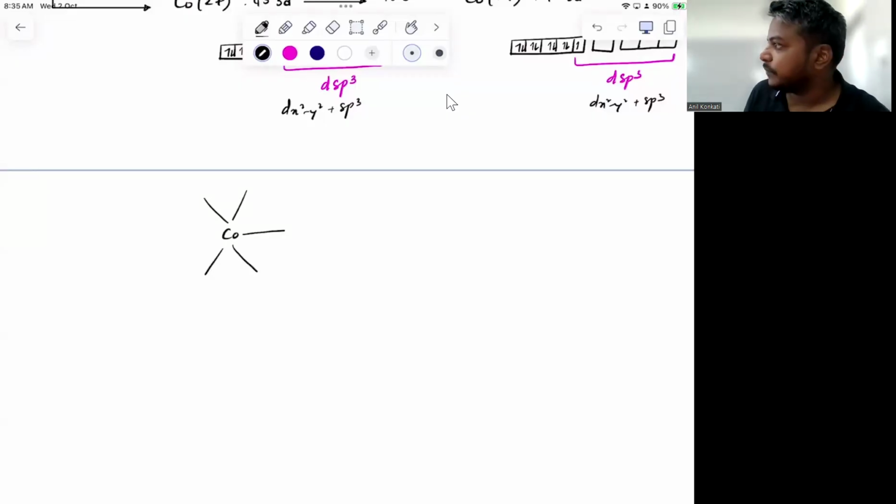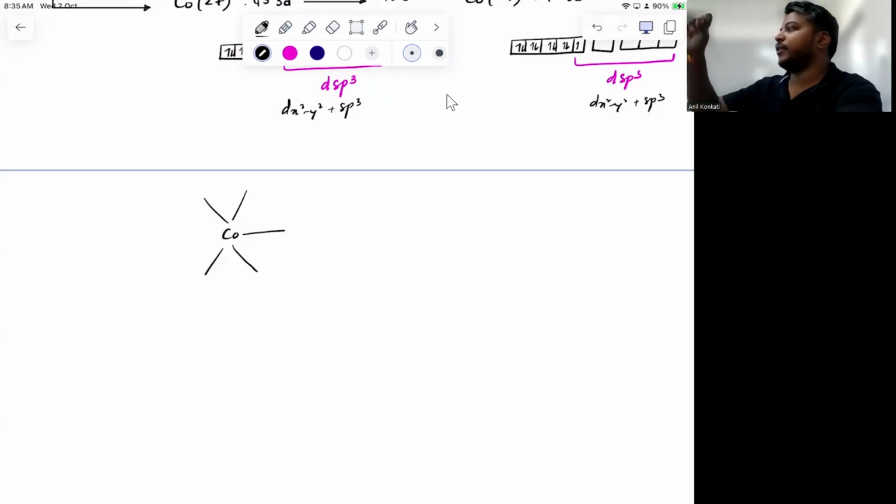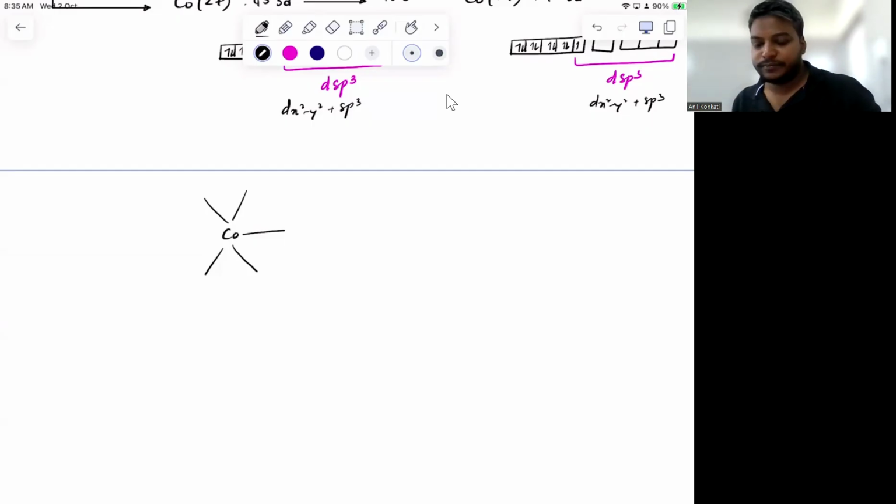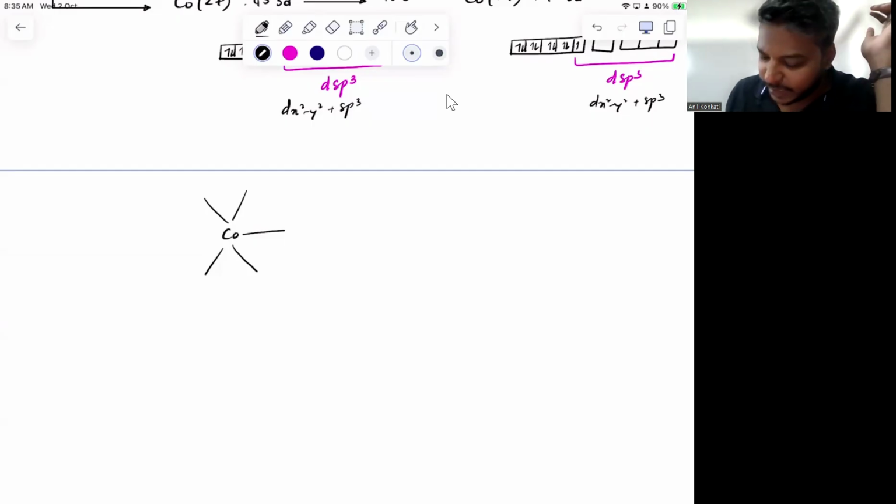This way. And the next molecule of CO will also have this way with one orbital coming on this side.